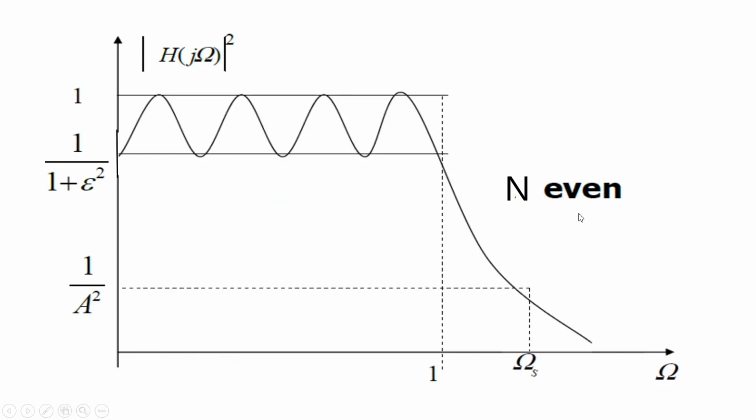And this is for even values of N. I have already explained that the ripple will start from 1 over 1 plus epsilon square and then the oscillations will be there due to the cos function. And after that, as I said, the cos hyperbolic function will take over and the response will be monotonic in the stop band or in the transition band.